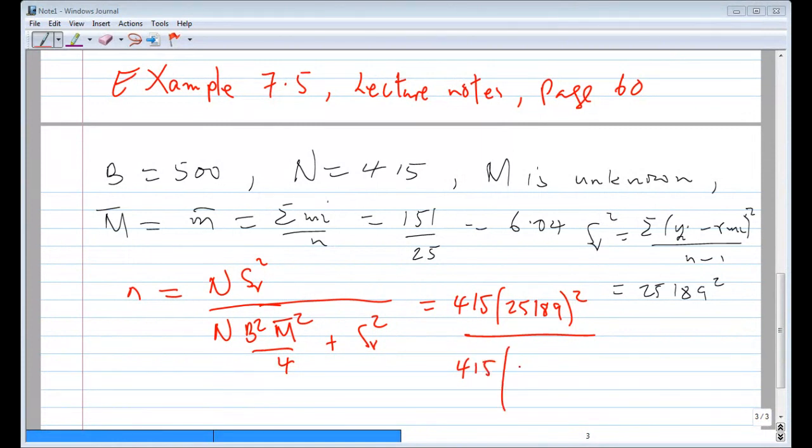You multiply it by a bound. A bound is 500 there. M bar squared. So 6.04. Then you square it. Then you divide it by 4.